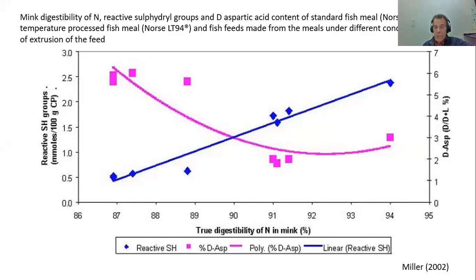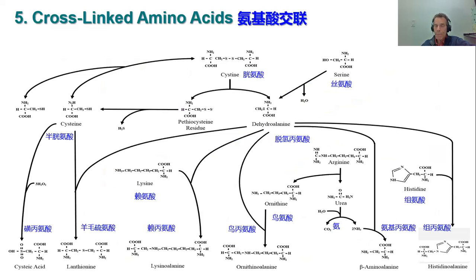They measured the digestibility in mink, and they found a relatively good correlation between the level of D-aspartic acid and the digestibility, but they also found a linear association between reactive sulfhydryl groups and digestibility. So we're not quite sure what determines whether the isomers of amino acids affect digestibility, but it seems to be an indicator of a potential problem.